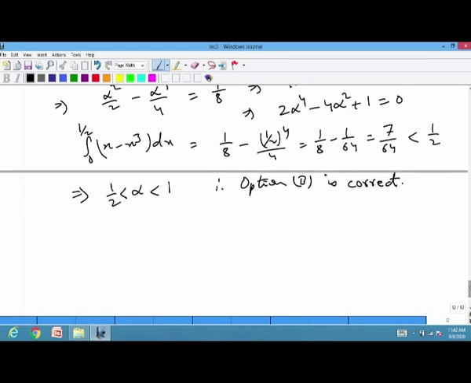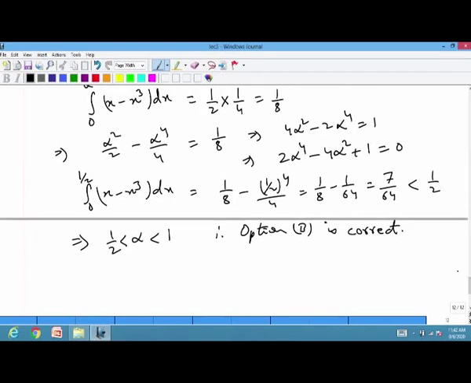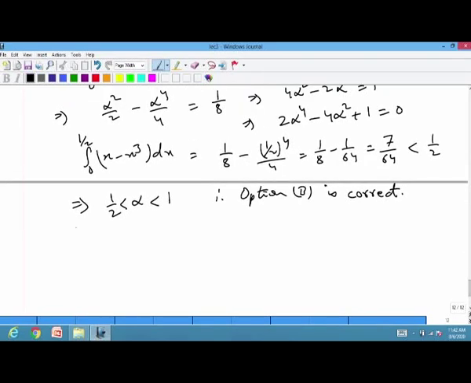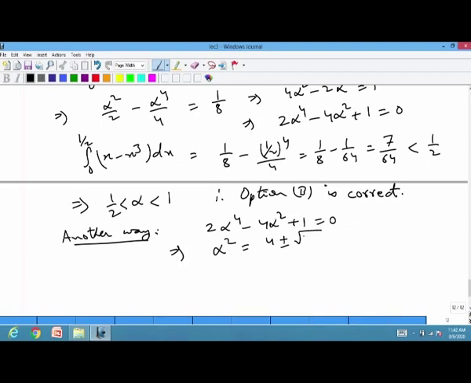Of course, we can calculate the value of alpha directly. We have 2 alpha to the 4 minus 4 alpha square plus 1 equal to 0. This will imply alpha square is equal to 4 plus minus square root of 16 minus 8 by 4. This is equal to 1 plus minus 1 by root 2.